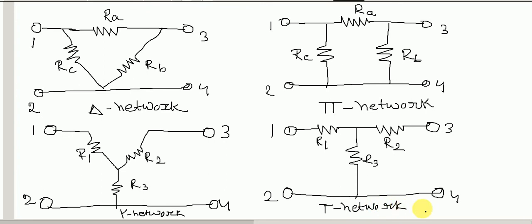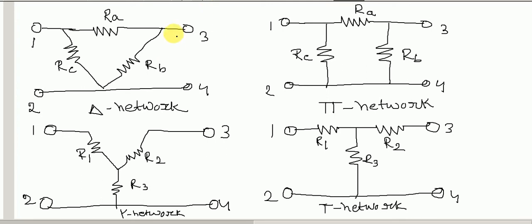This is the delta network, the pi network, the equivalent star network, which may also be called a T network. I can't change the color of the pen because of some technical issue, but later I will see.